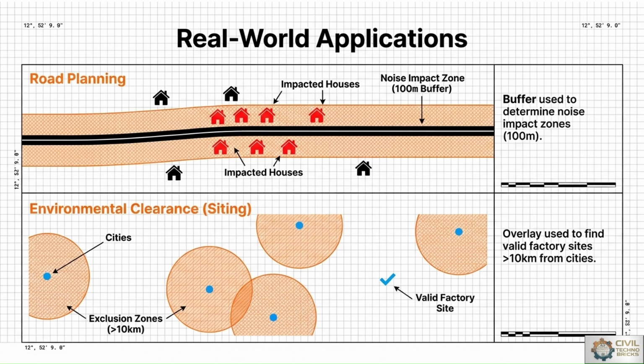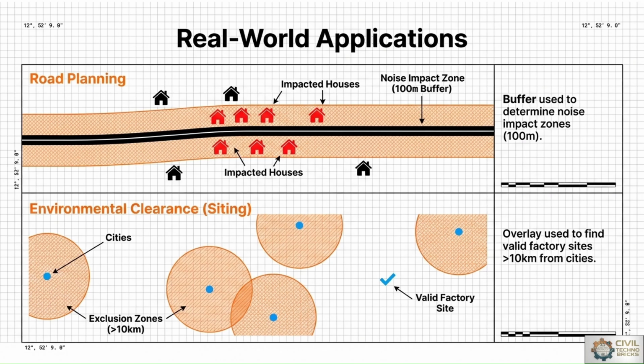From the environmental clearance or siting point of view, we can check the blue dots. These blue dots are the cities, and around each city capital, or center, we mark the buffer area with some radius. Most of the circles are separate, but very few circles are interconnected to each other.